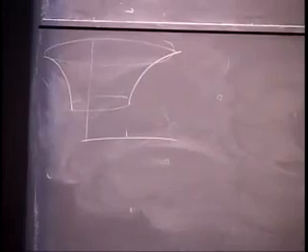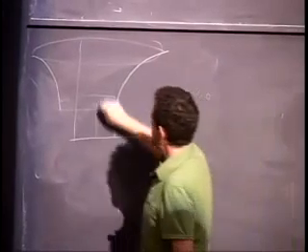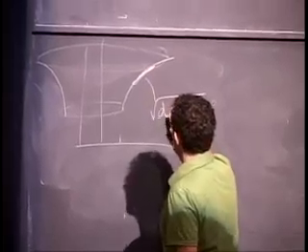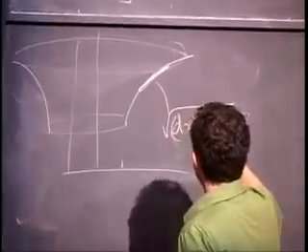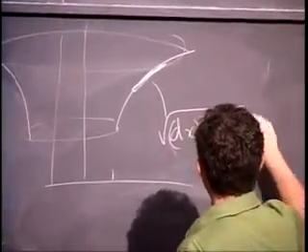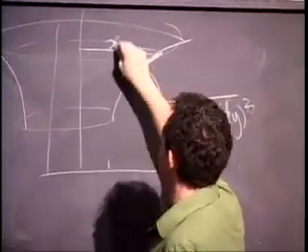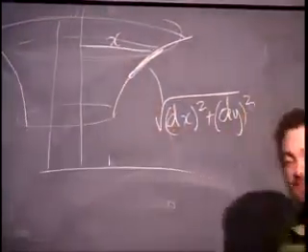What's the formula got to be then? Well, the piece of length is still root dx squared plus dy squared, but now the circumference that you're moving it around is based on a radius of x.